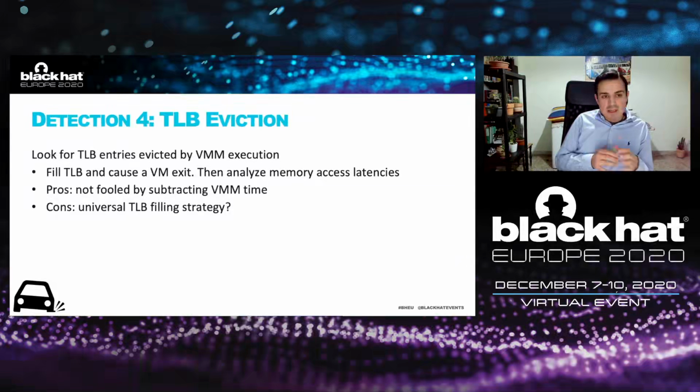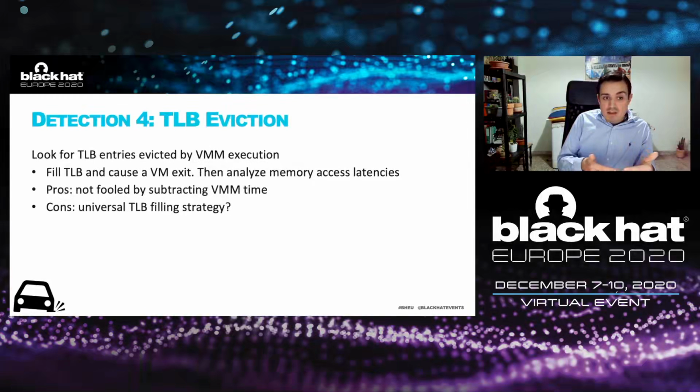So in this attack, we search for TLB entries, the translation lookaside buffer entries, that are evicted by the VMM. So we fill the TLB, then we execute CPUID or cause a VM exit in other ways, and then we analyze the latencies in accessing some attacker-controlled pages.